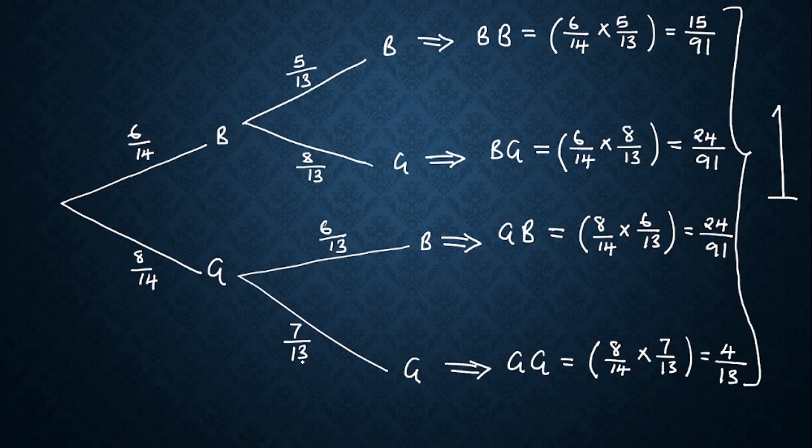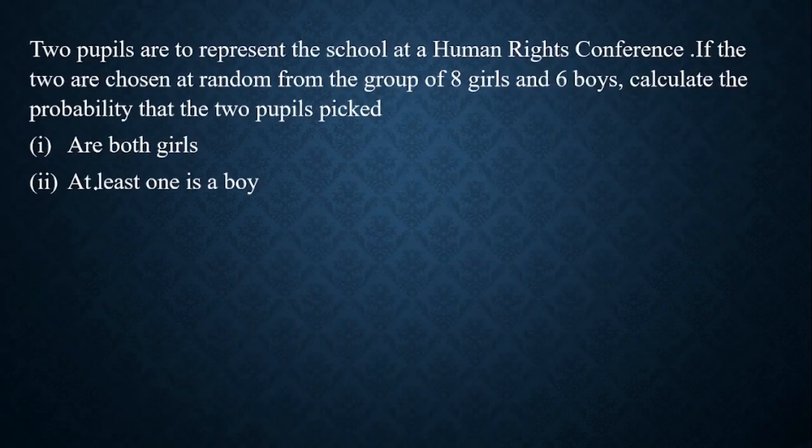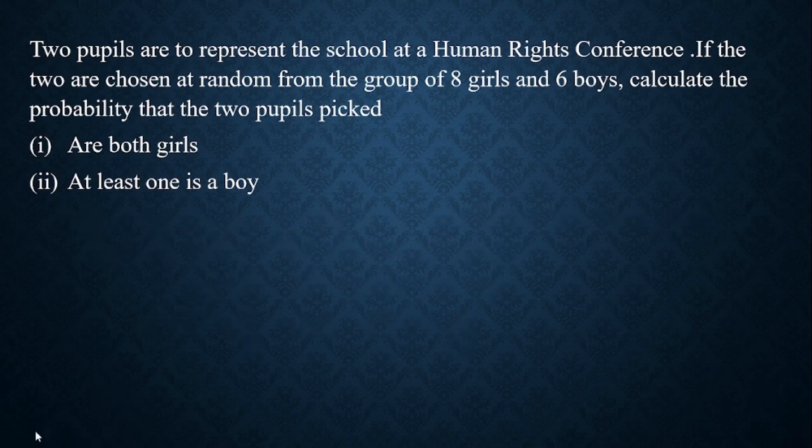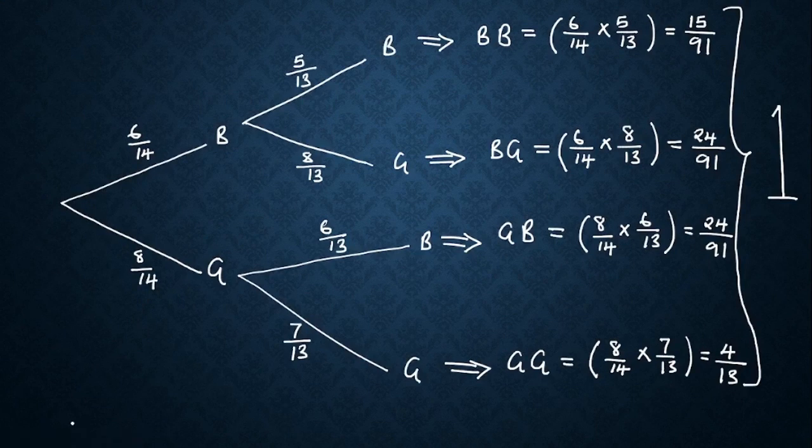Okay, so if you remember very well our questions, the first one was saying these pupils that are picked, both of them are girls. So how do you find that probability? I think that's very simple.